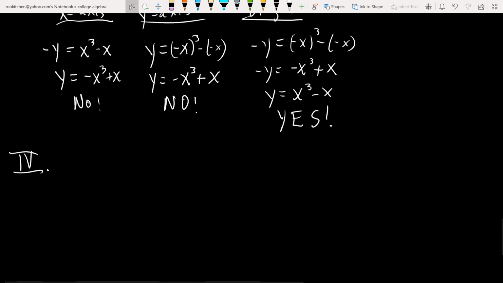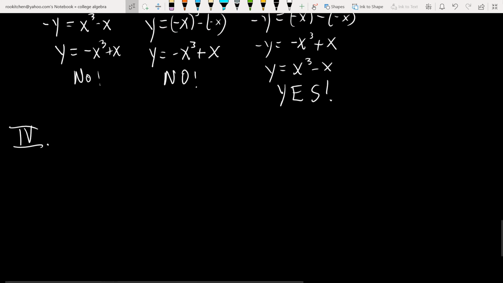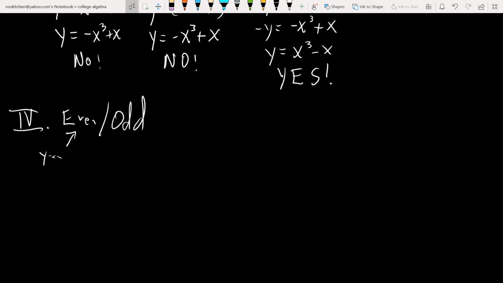We don't consider the x-axis symmetry because we're dealing with functions, and you look at graph 1 there, that's not a function because it fails the vertical line test. So that's why when we deal with even and odd, you're not seeing that other kind of symmetry. It's just the even is the y-axis, and then the odd is the origin.